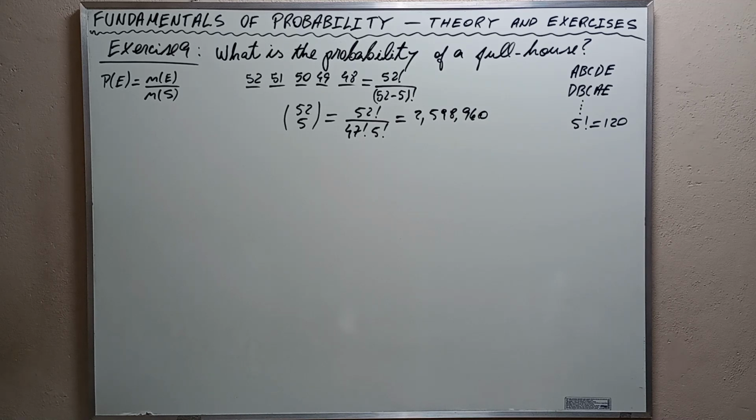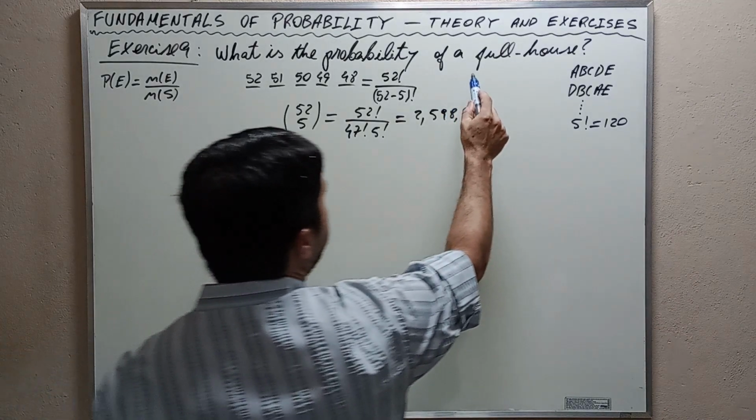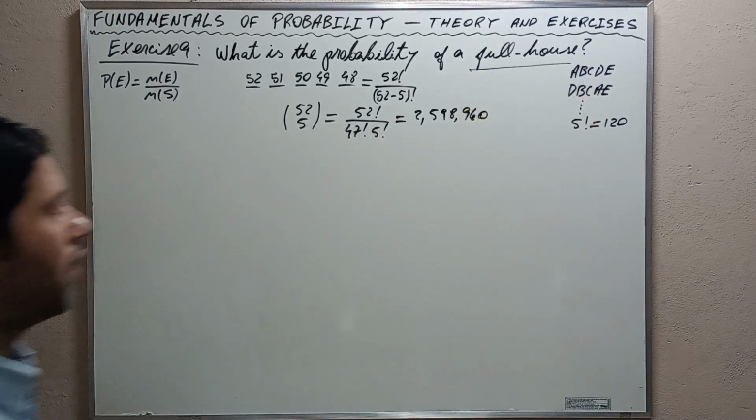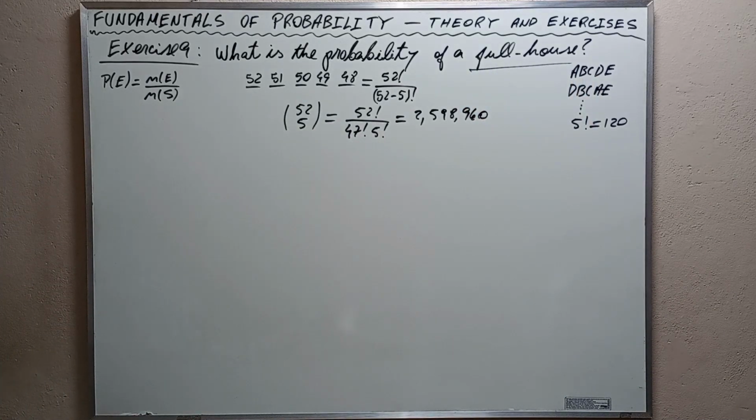Now let's understand the event of interest. And what is the event of interest again? The event of interest is the probability of getting a full house in poker. Additionally, observe that there are different combinations of, for example, 2 10s.